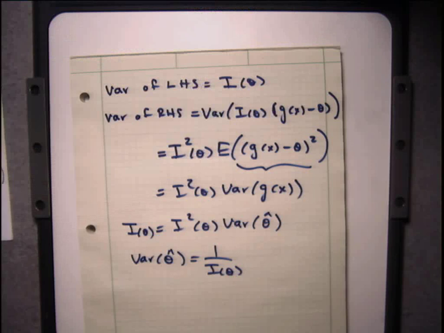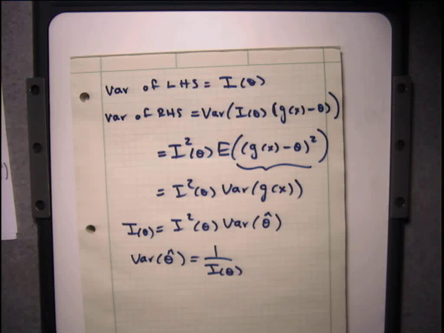Okay, any questions about that? Now, the second part of the Cramer-Rao bound theorem is just as important as the first part, because it gives you a mechanism for either finding a minimum variance unbiased estimator or somehow showing that it doesn't exist.